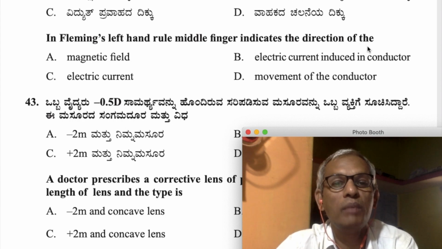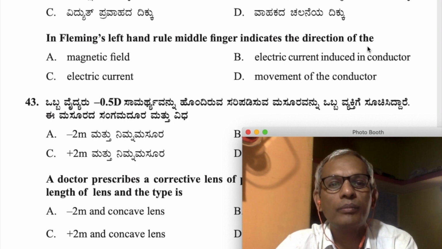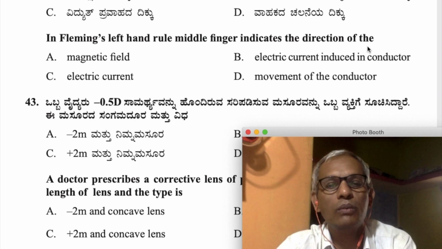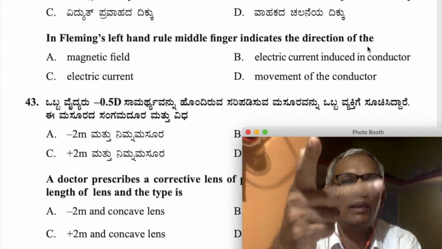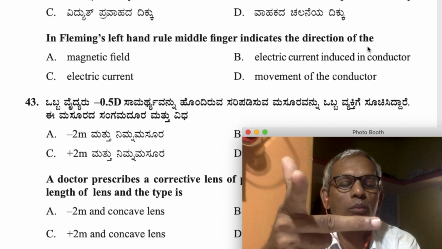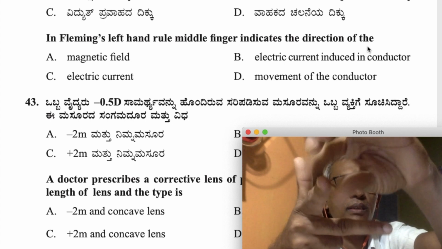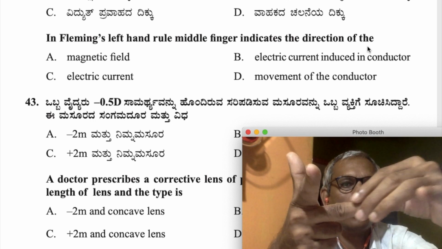So Fleming's left hand rule, what does it tell? Fleming's left hand rule is the motor rule. If we align these 3 fingers, this is the forefinger, this is the thumb, this is the middle finger.